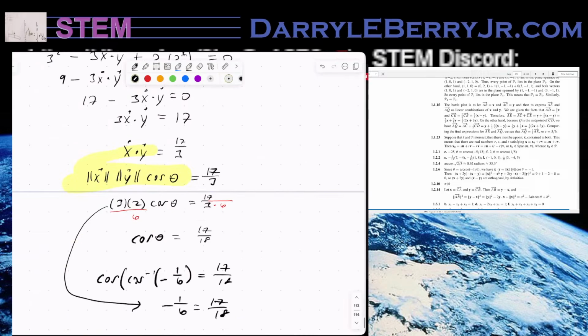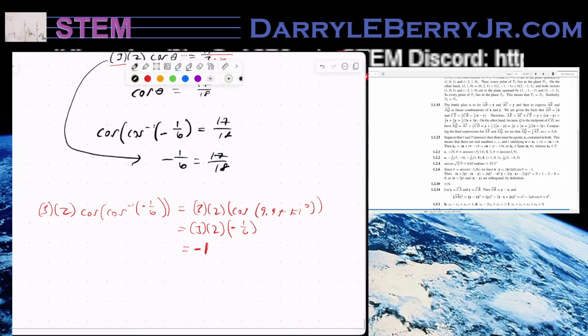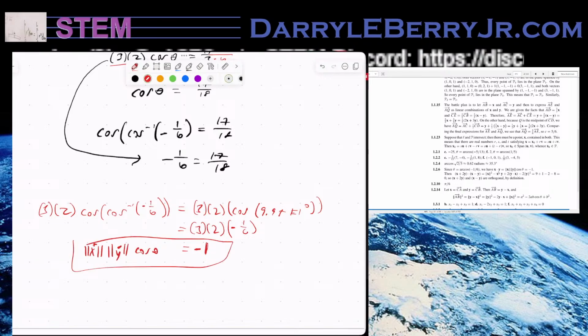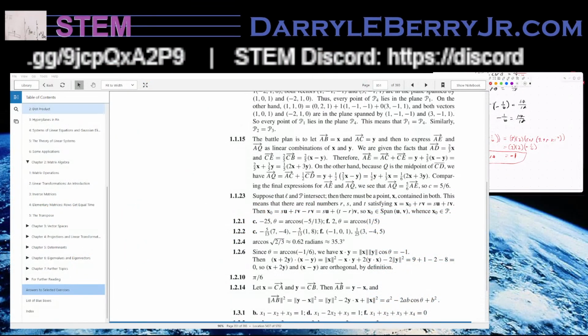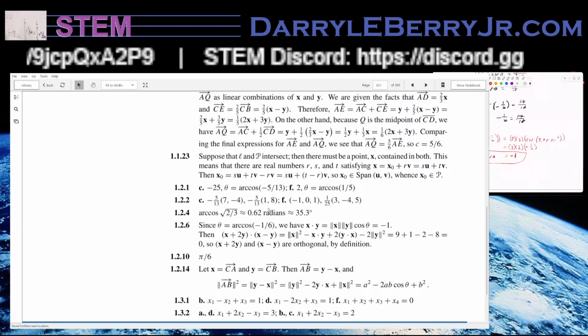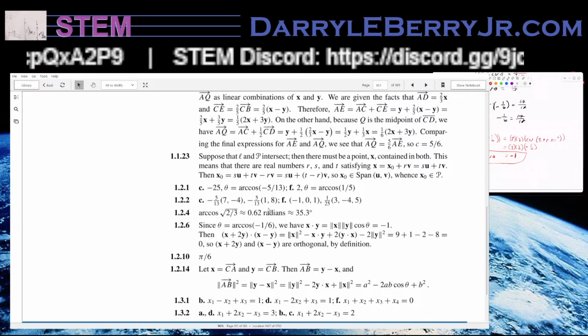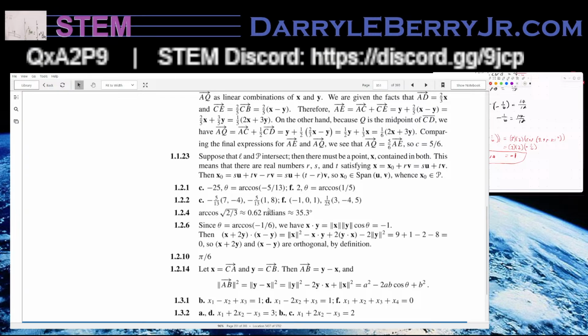But it seems what I have to do is start with this, that magnitude of x, magnitude of y, cosine theta equals 1. And then should be -1. And then, okay, so it looks like I got that part right.